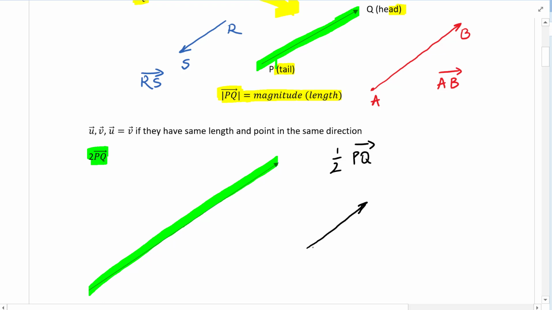So parallel, but make sure you have half of the length. If I want negative PQ, then I would draw the same length as the green one, but we want to make sure it has the opposite direction.